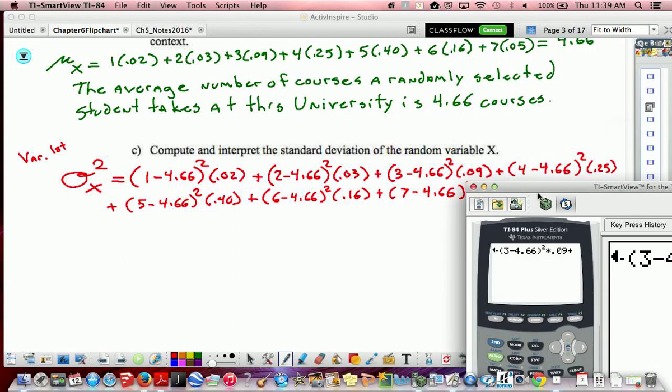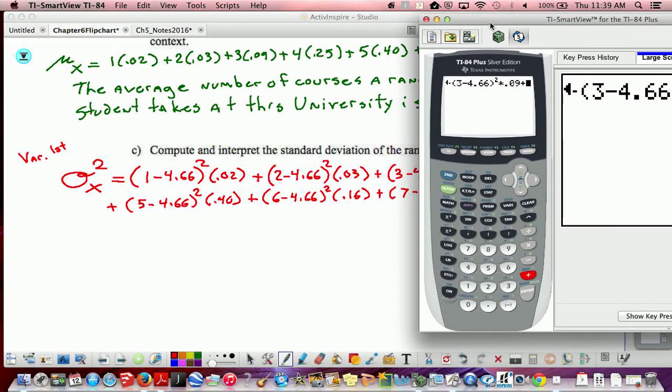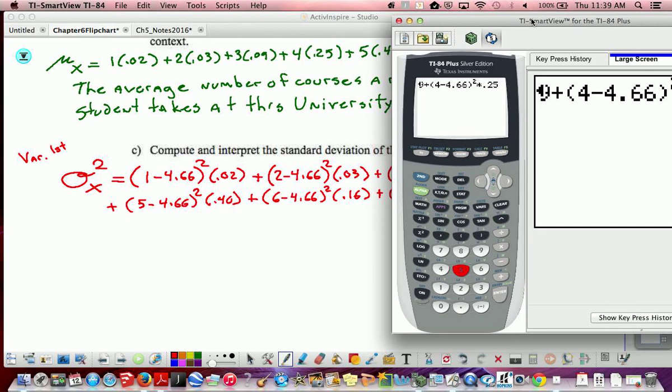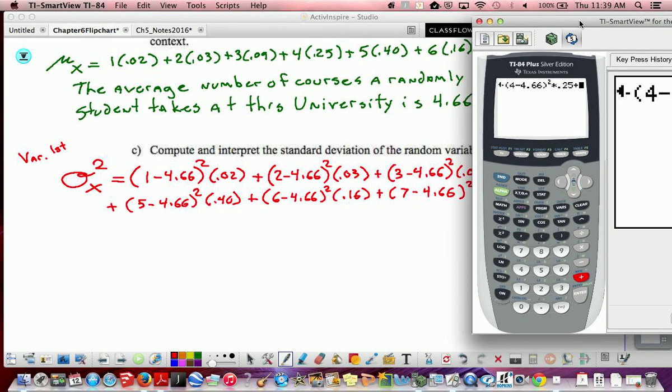Plus, now I do the 4s, which is times 0.25. So parentheses, 4 minus 4.66 squared times 0.25. Okay. Plus, now I'm going to do the 5, 6, and 7.